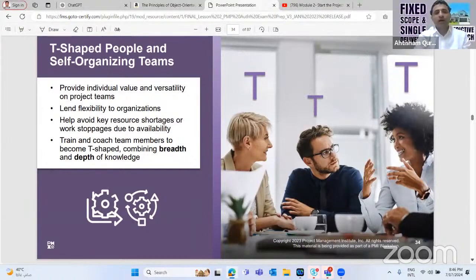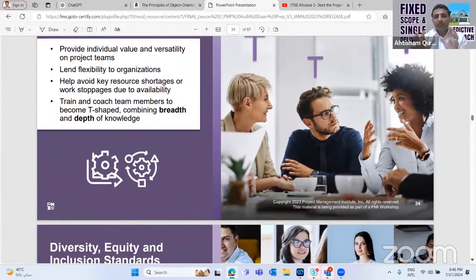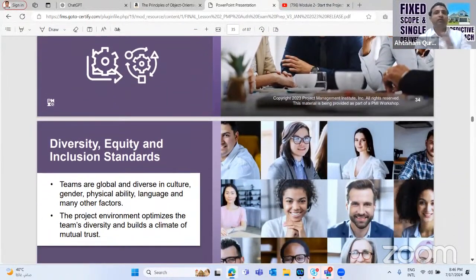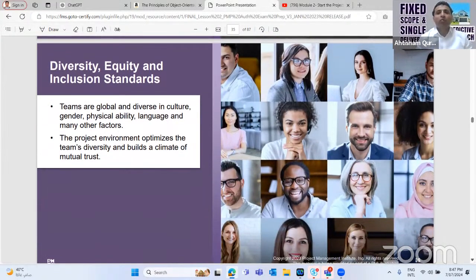Okay. So you can also see here that bringing people of varying skill sets actually brings some depth to the team, right? Width and depth concept, that we have a lot of width and a lot of depth to resolve the problems. And one more aspect that we should also have in our team is diversity.